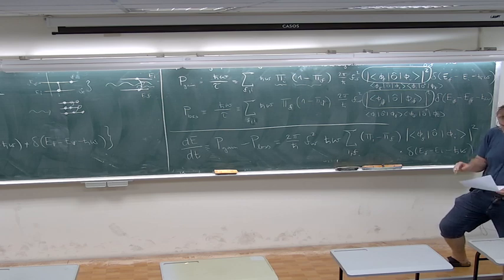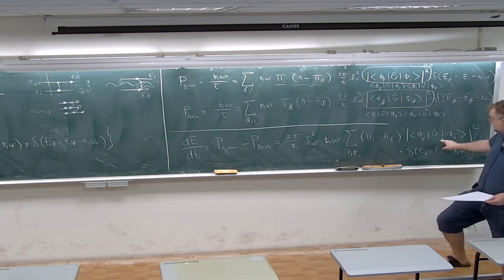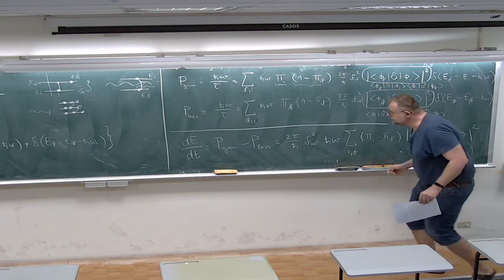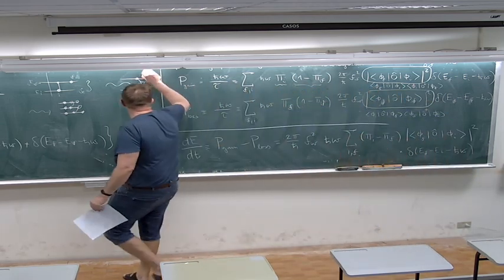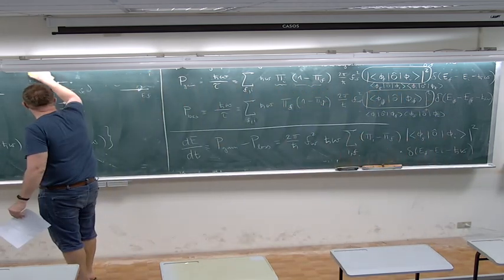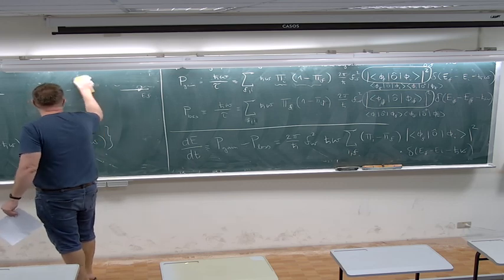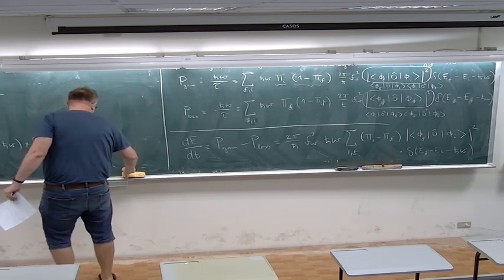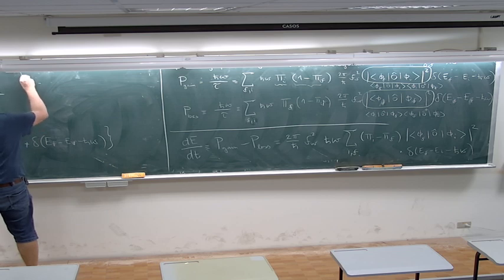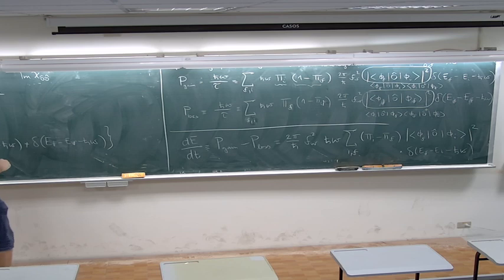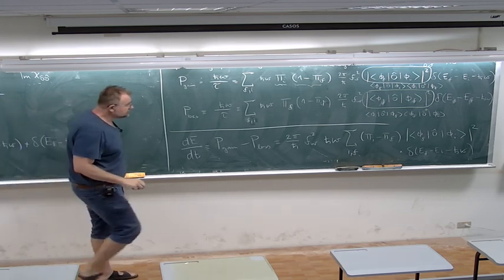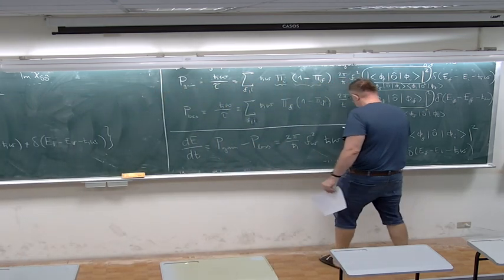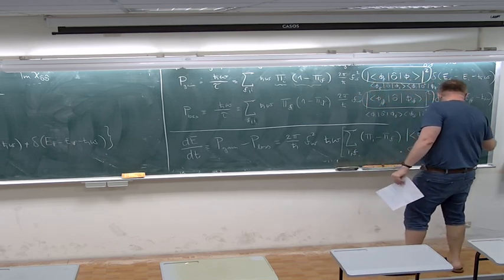Okay? Great. But if you look at the formula which we derived before, and I'm just writing here the result. You remember we started with the imaginary part of the susceptibility for the operators O and O, which is basically exactly this expression. Some minus p is also there, right?